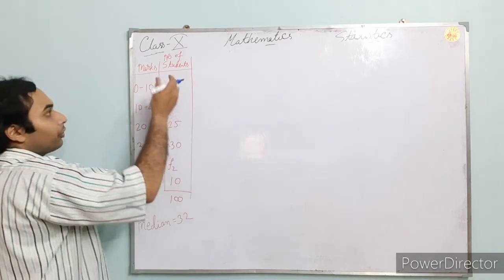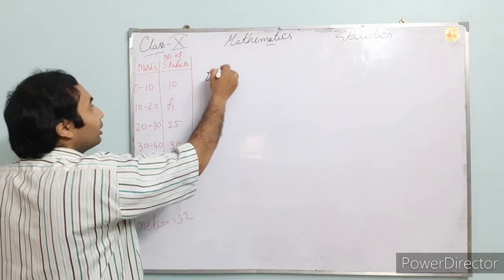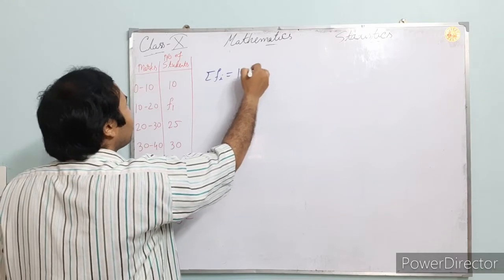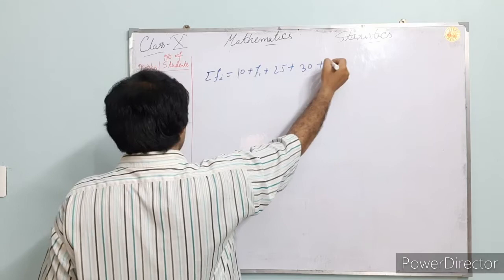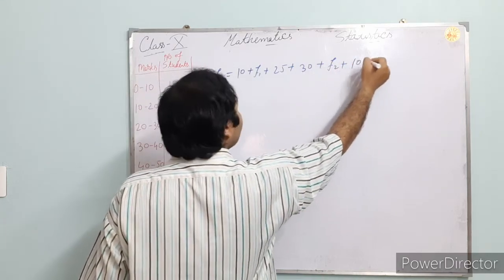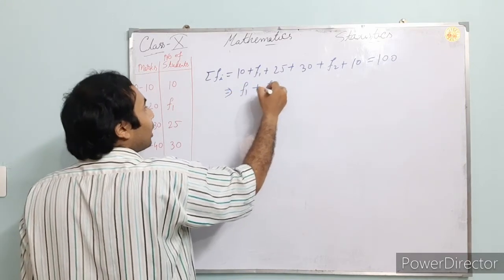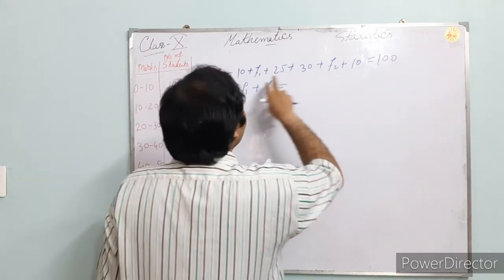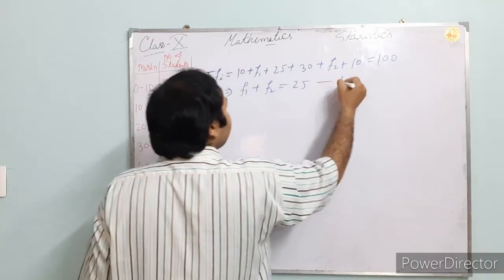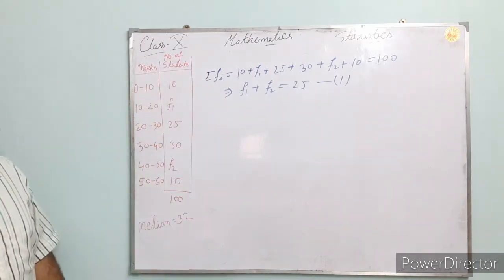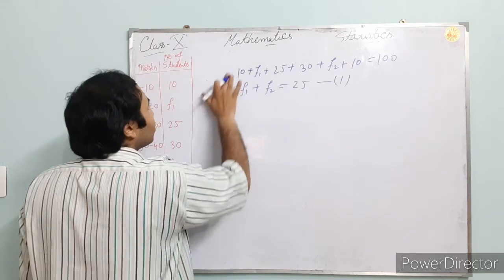So for this, first of all, let us apply the first information, that is summation fi. Summation fi equals 10 plus f1 plus 25 plus 30 plus f2 plus 10 equals 100. It is given. So from here we are getting f1 plus f2 equals, so here it is 35, 65, 75, so it is coming 25. Number 1 equation. Okay, so let me erase this once because we will do another thing.